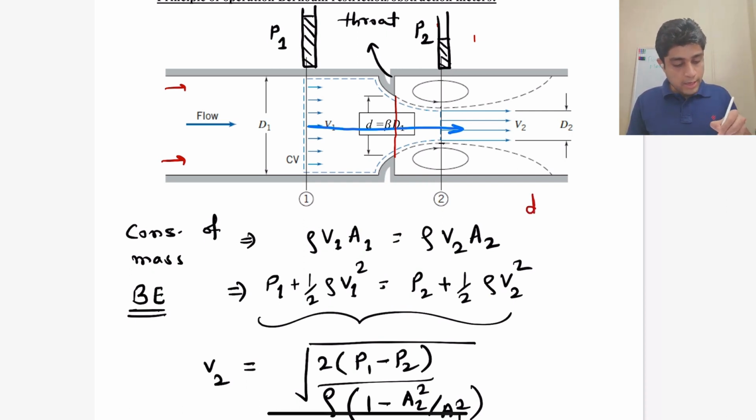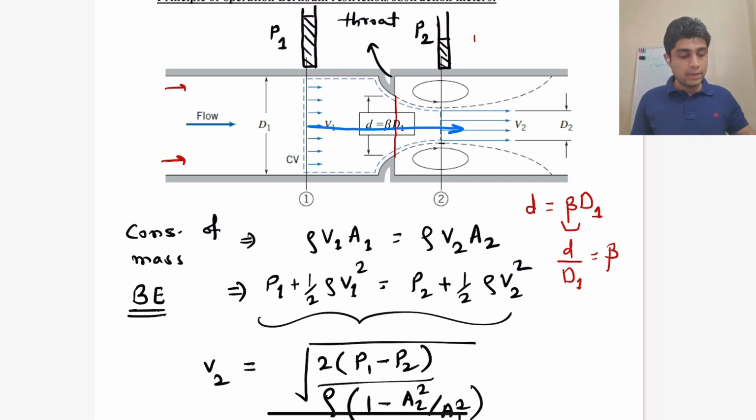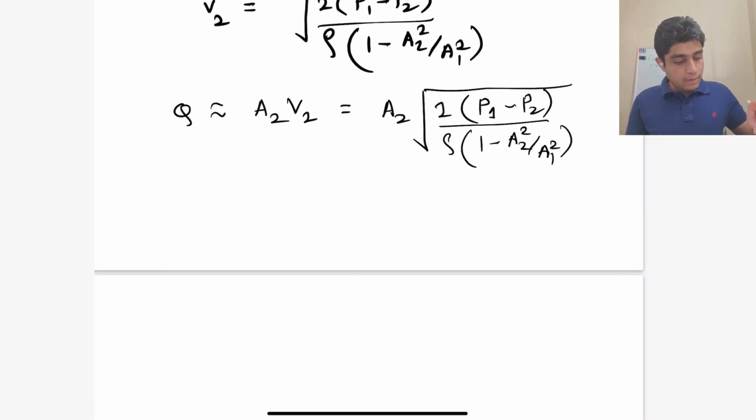So the diameter of the throat, small d, is known in terms of the upstream diameter, where beta is just the ratio of small d to D1, and it is called the geometrical ratio. So that is known.